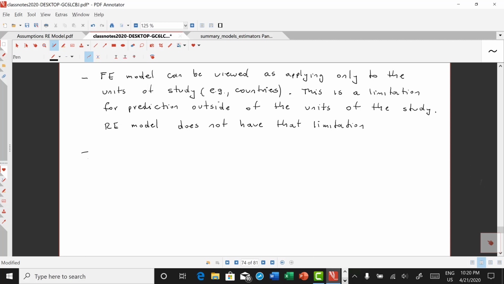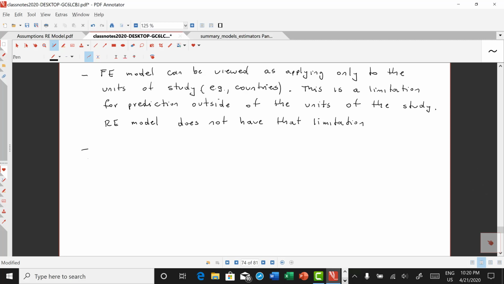However, usually there are trade-offs. Remember, in the random effects model, we're going to have to assume that the unobserved individual effects are not correlated with explanatory variables. So that's a limitation relative to the fixed effects model.